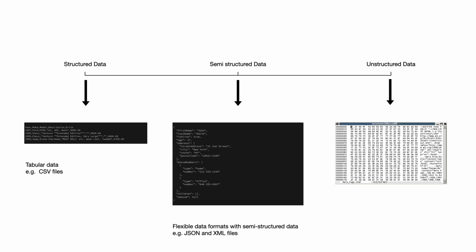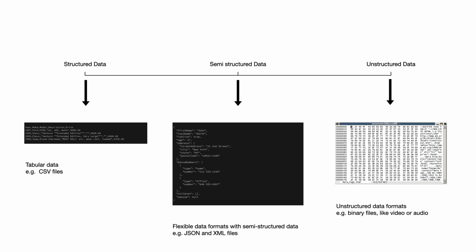Unstructured data is the format in which files are basically saved inside of the computer. So this is the binary representation of files. In this particular case, you see some text files that are stored in this binary representation, but this is also valid for images, video, sound, or any other kind of file format that you can imagine. Even executables are being stored in this format.